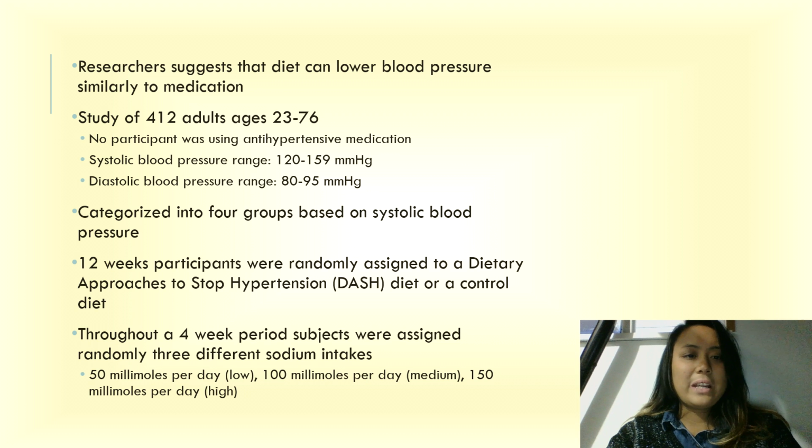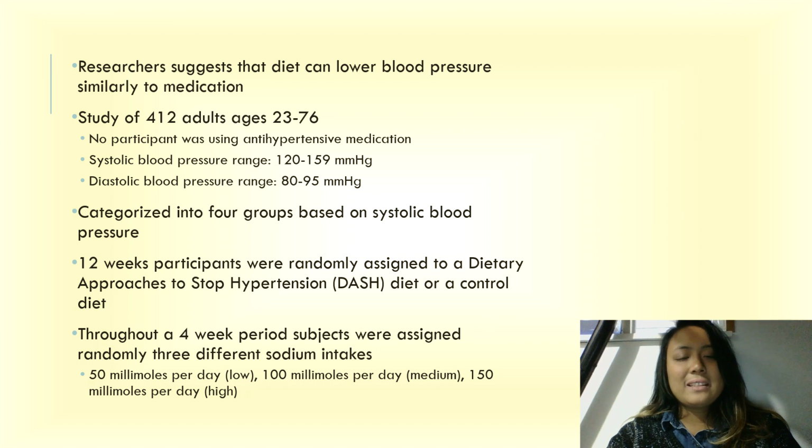Their blood pressure ranged on a systolic scale of 120 to about 150 millimeters of mercury, and on a diastolic scale of 80 to 90 millimeters of mercury. The people were categorized into 4 groups according to their systolic pressures.